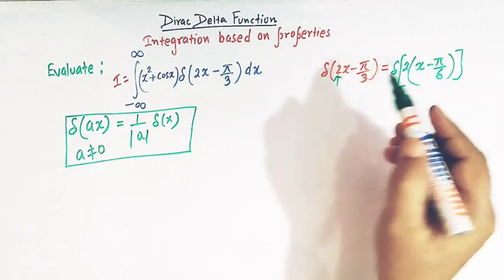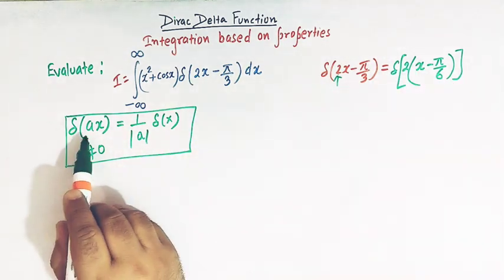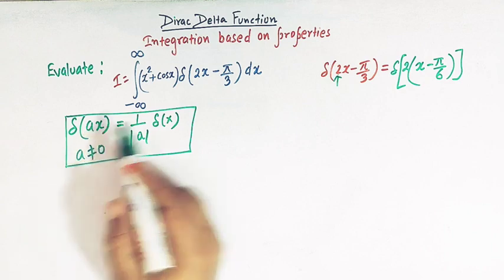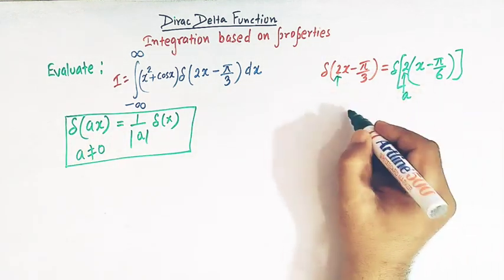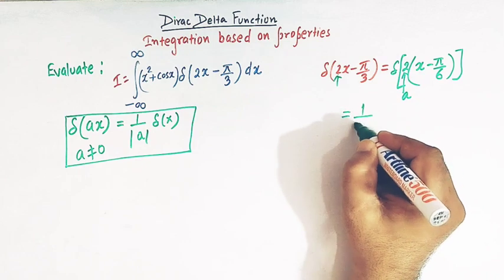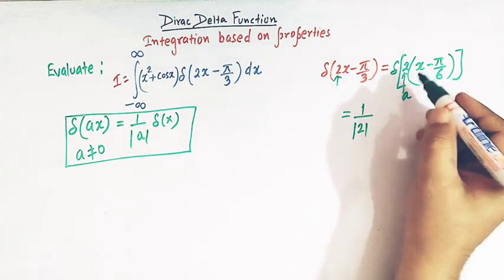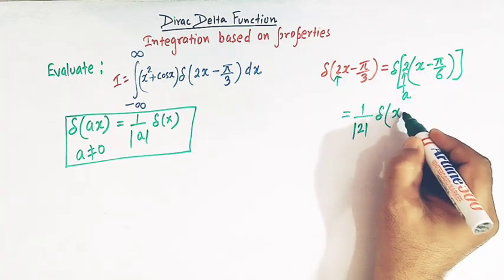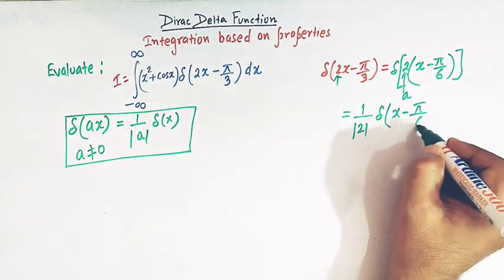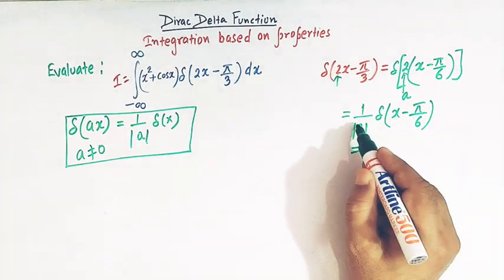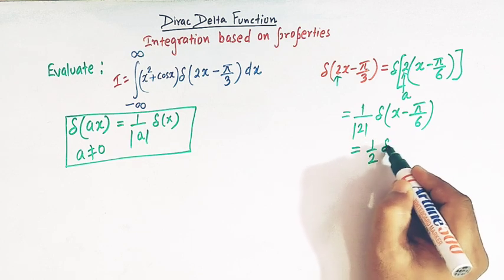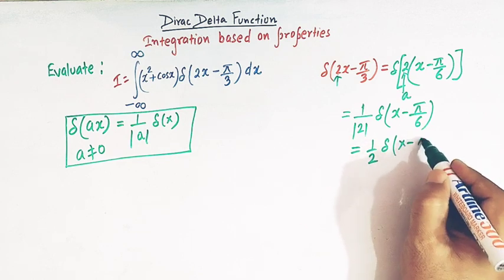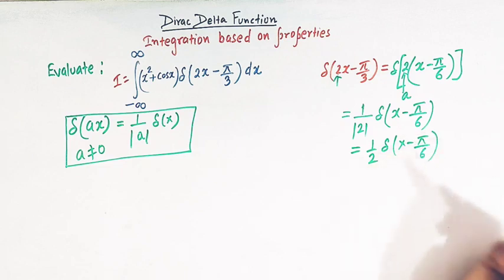Now this form is similar to the property, where this 2 is our a. So we can now write 1 over mod of 2 times delta of x minus pi by 6. Mod of 2 is simply 2, so we have half delta of x minus pi by 6.